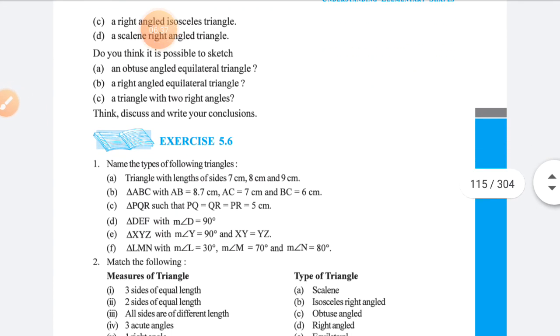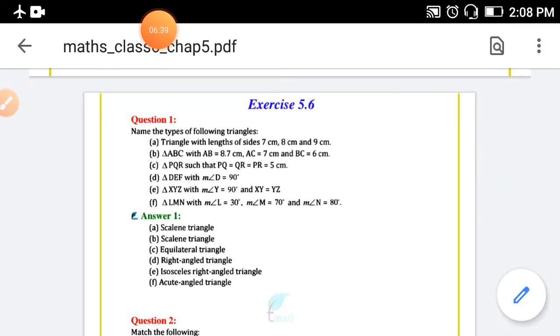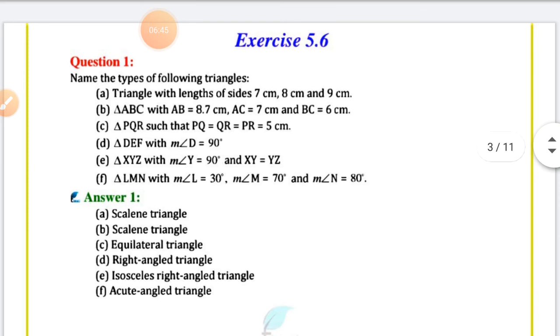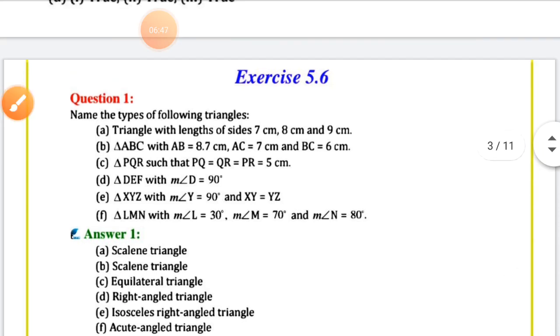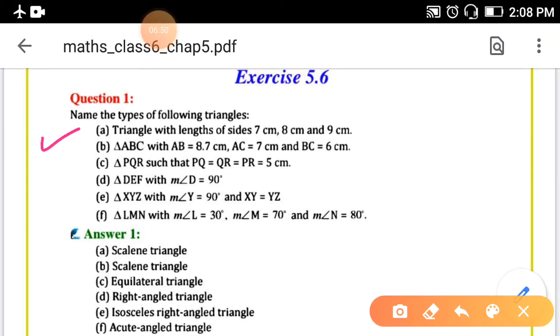Now let's start 5.6. Exercise 5.6, question number 1. Name the types of the following triangles. Here triangles are given with the lengths of sides and with the angles, so based on that you have to give the names.